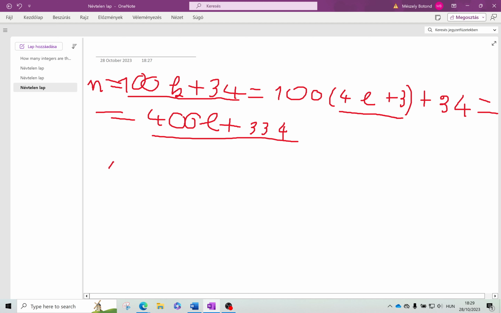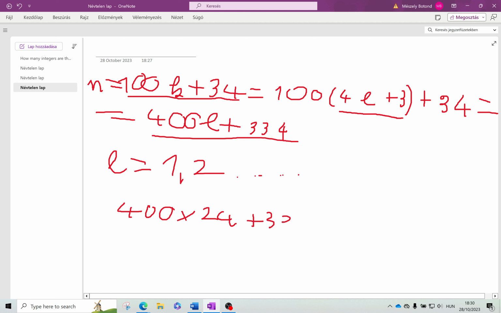L can be 0, 1, 2, many numbers, and if you put in 24, so 400 times 24 plus 334 equals 9,934.